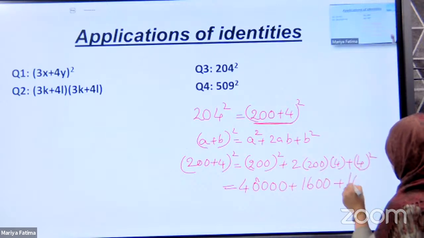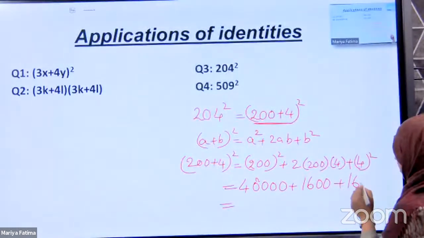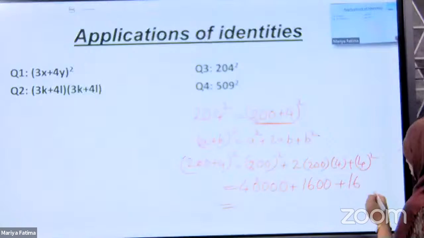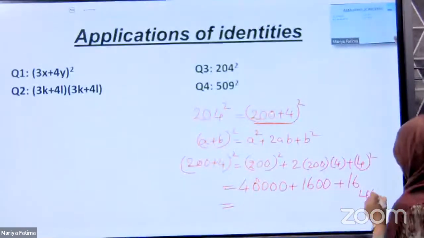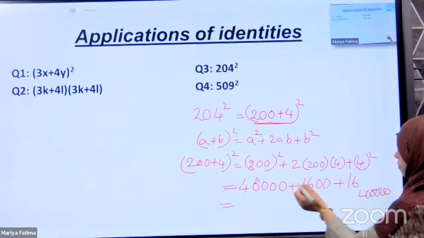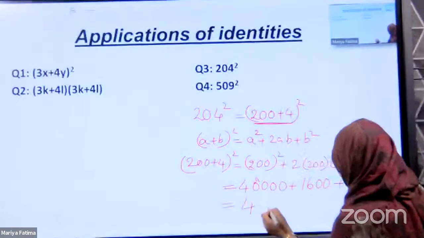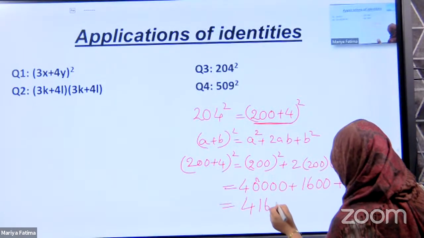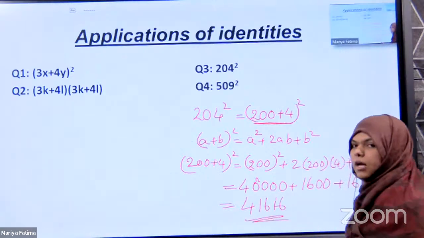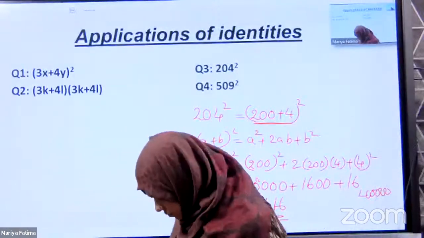Plus 4 4s are 16. Now you have to add them. 1600 plus 16 will become 1616, and 40,000 plus 1616 will become 41616. This is your answer. Clear?